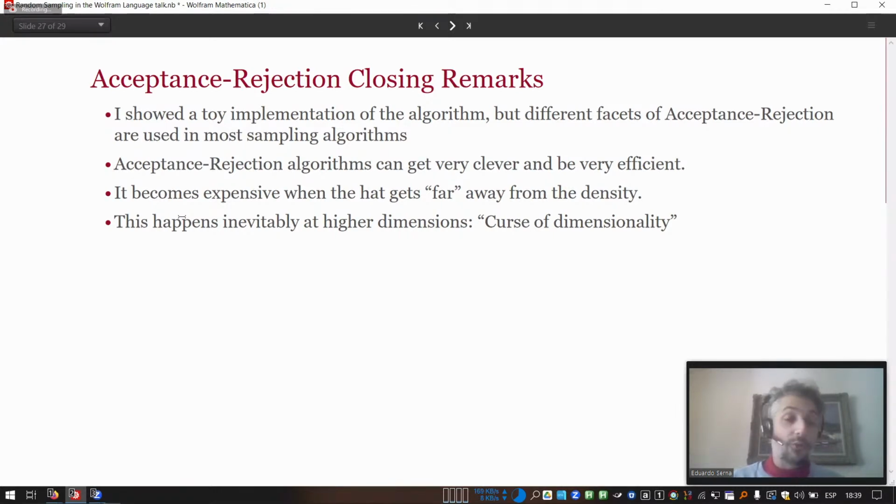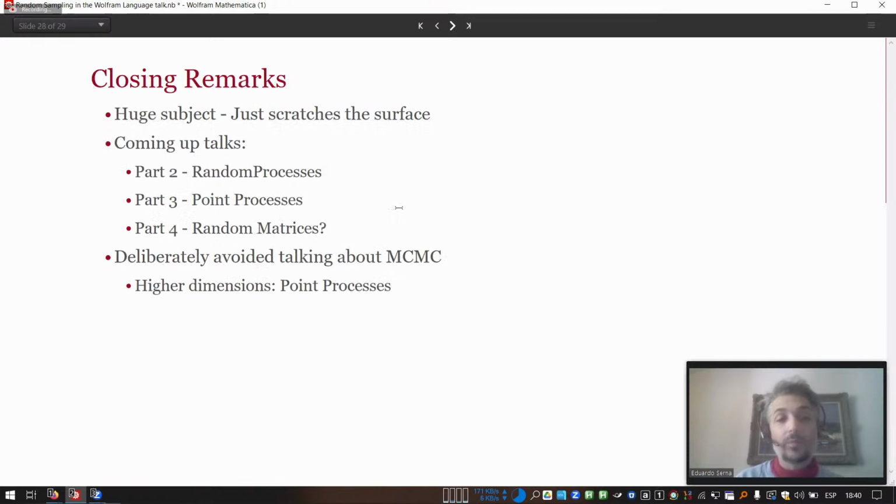And this, unfortunately, happens inevitably in higher dimensions due to the curse of dimensionality, which is the fact that a lot of the volume in a shape is near the boundaries. That's why in higher dimensions, very quickly, one has to use different algorithms, mostly MCMC, Markov chain Monte Carlo, which we'll discuss in other talks, because we mostly use it in other parts of the system, not so much in univariate samplers.